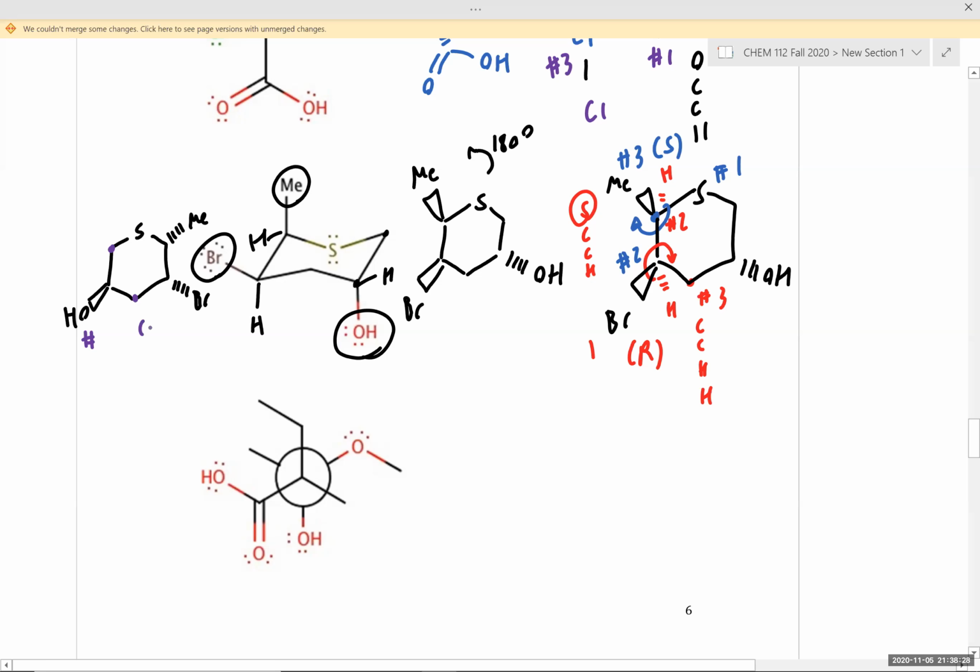Looking 1 carbon over, this carbon is attached to 2 carbons and 2 hydrogens versus a sulfur, a carbon and 2 hydrogens. Sulfur wins in priority. And tracing from highest to lowest priority, we're going clockwise. So the third center would be R. Does that make sense to everyone?